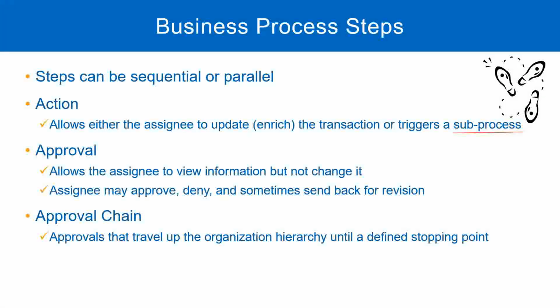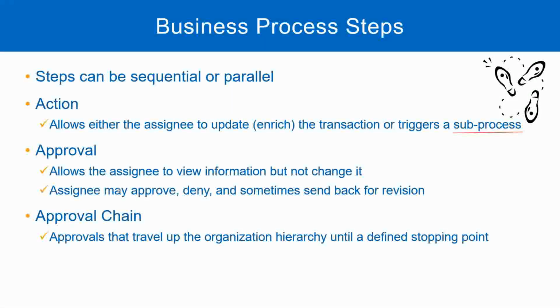Now let's say, first level approves, second level rejects. Then what happens? Is it still considered to be an approval? Or is it a deny? First level approves. Second level denies. It will be denied, right? If the second level denies, yes, it is a deny.